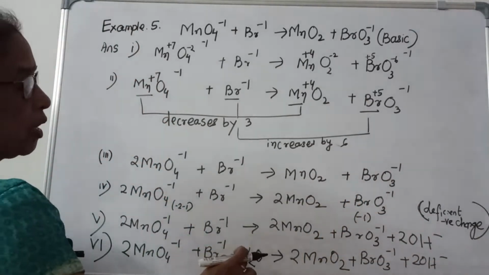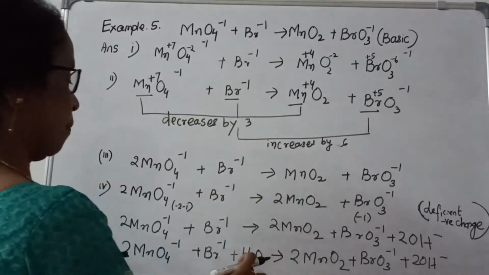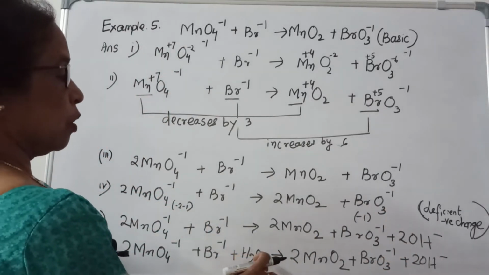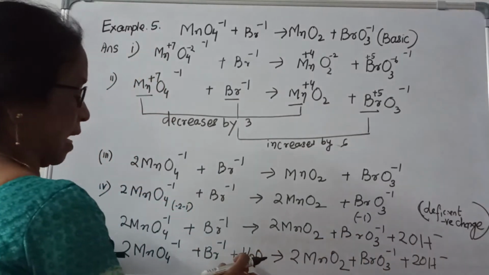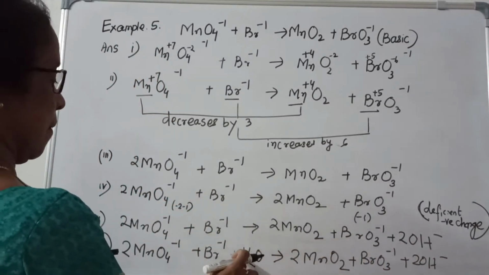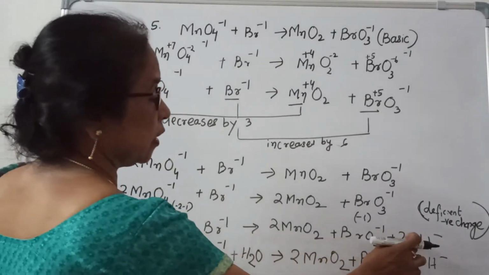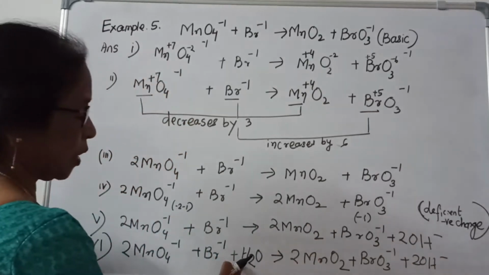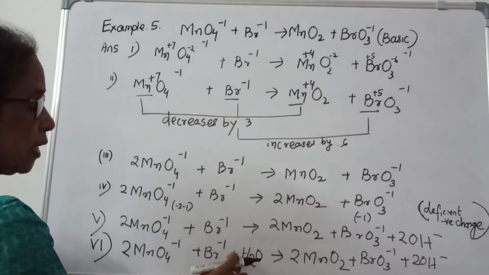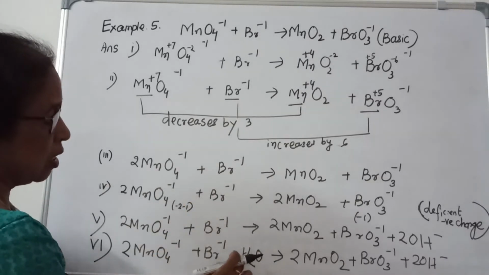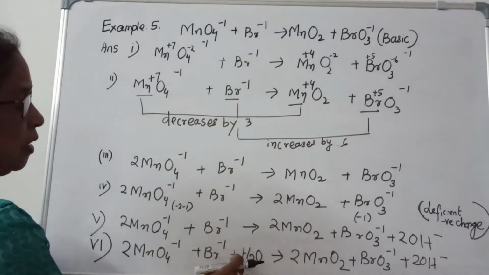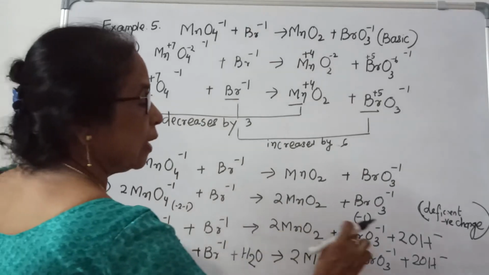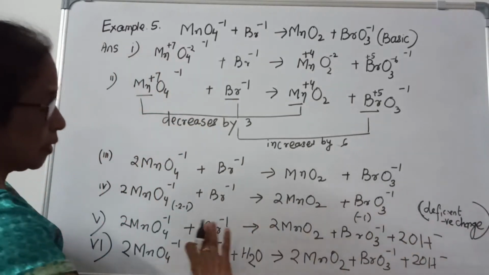That is why here I have to put 2 oxygen, and hydrogen 2 here, that is why water. 2 hydrogen, that is why water. And in water what is the formula? H2O. That means here 2 hydrogen and this side also 2 hydrogen, that is balanced.